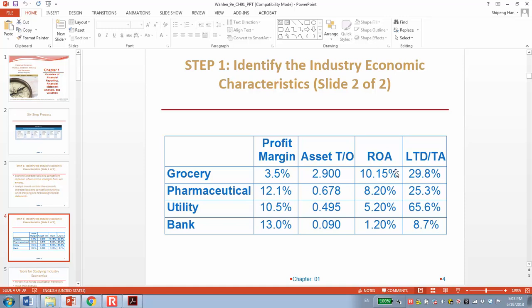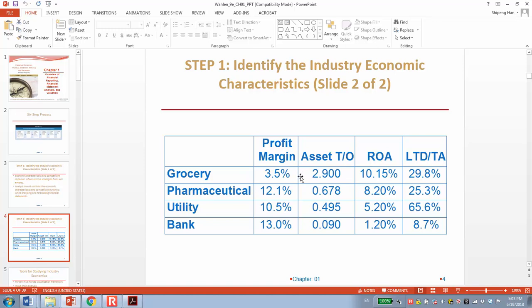Okay, so in the world, different industries have different characteristics, no matter from their financial ratios, financial numbers, and also their different competitive dynamics and economics.